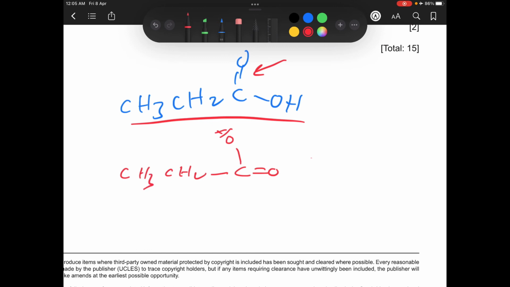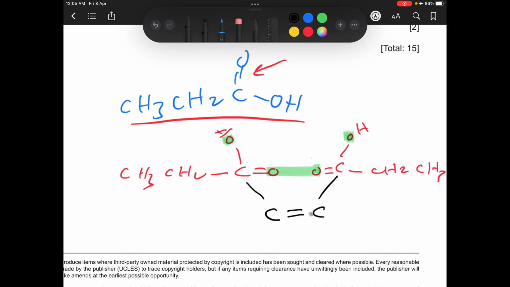And we have to draw the same carboxylic acid, which is C double bond O, OH, and CH2, CH3. So we're going to get rid of the oxygens. So we can say that your alkene looks like C double bond C, and we have H, and we draw CH2, CH2, CH3, CH3.